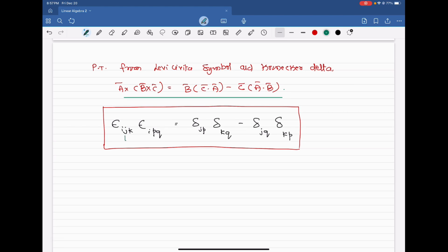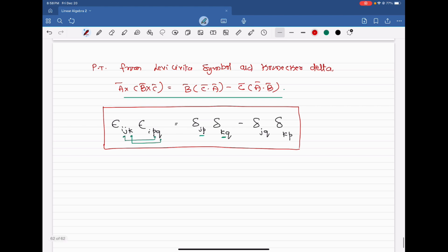In the Levi-Civita symbol, the first subscript i is left over, the second subscript j is joined with p and delta jp is written. Here k is joined with q and delta kq is written. Now for jq, in a sequence i is left over, j is mixed with p, k is collaborated with q, and when we have written deltas jp, kq, that is positive. When we reverse the direction, what happened?